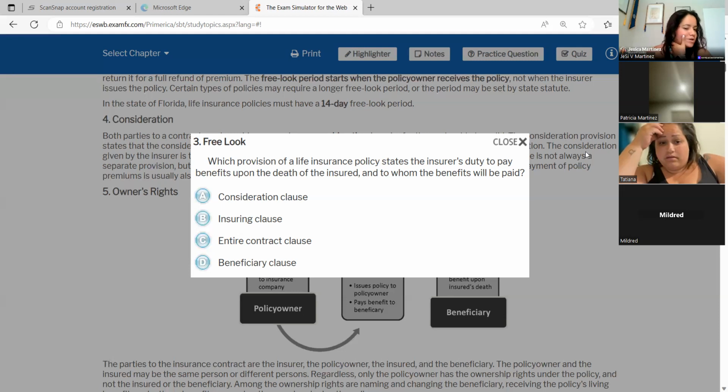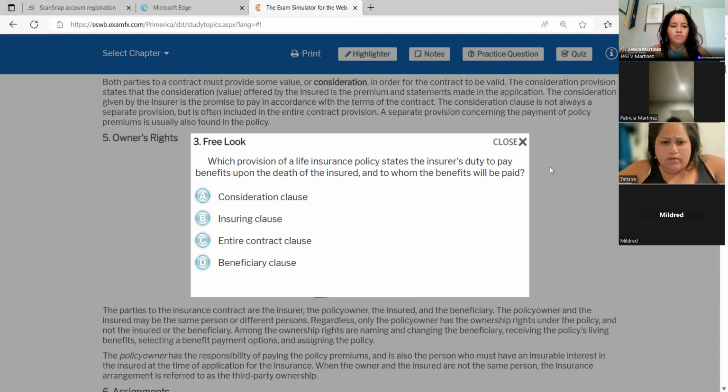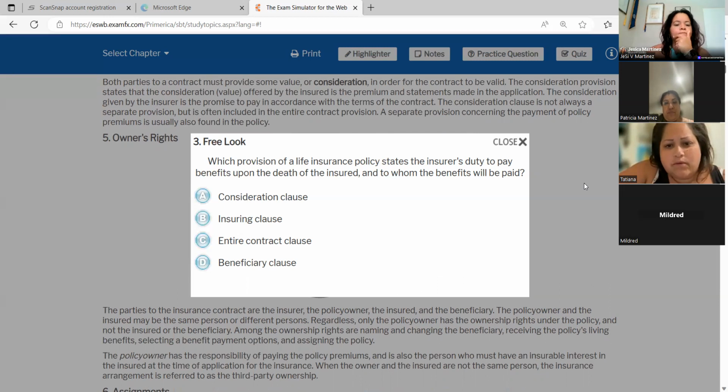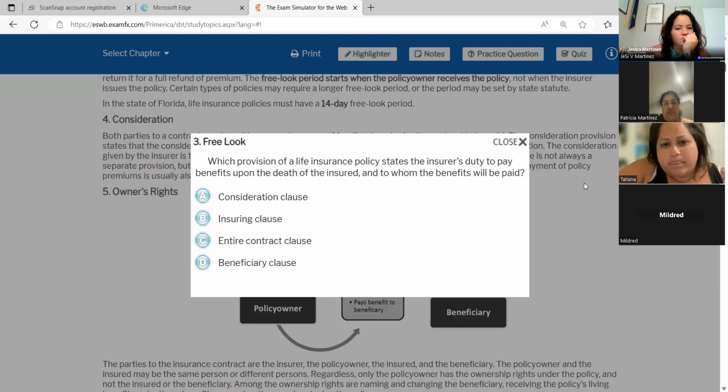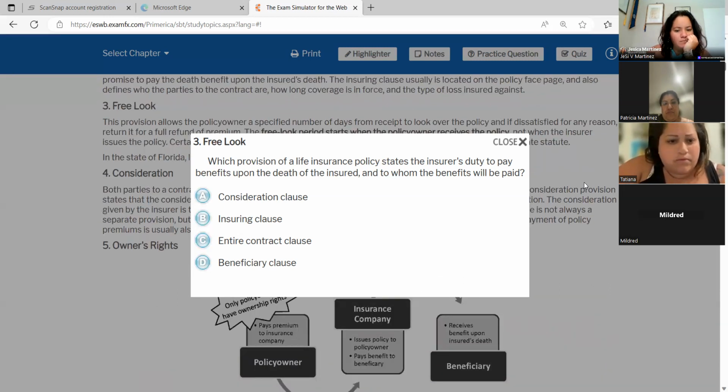Consideration clause, what do you think? What are you thinking? I don't know what Patty and Mildred think. In order for the contract to be valid, consideration: the insured pays the premium.